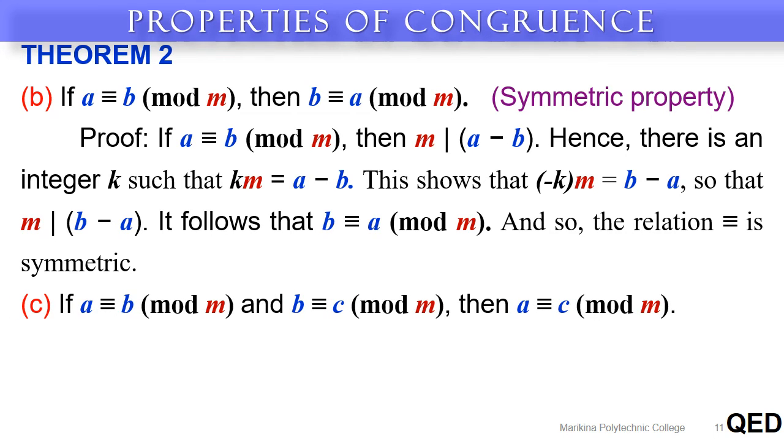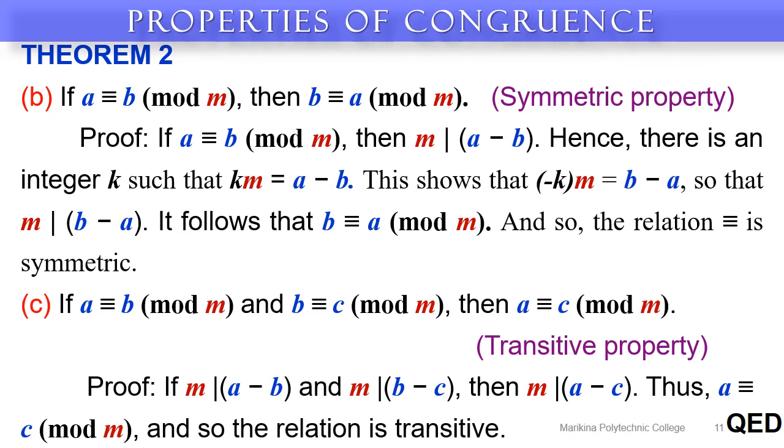Next, if a is congruent to b modulo m and b is congruent to c modulo m, then a is congruent to c modulo m. For our proof, if m divides a minus b and m divides b minus c, then m divides a minus c.